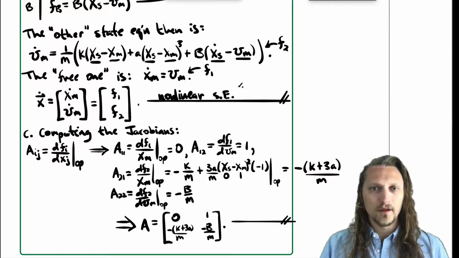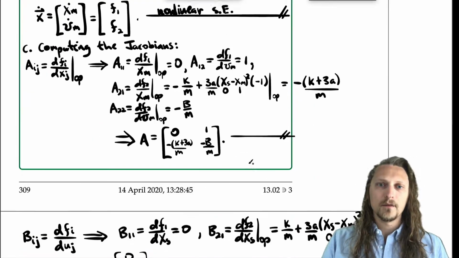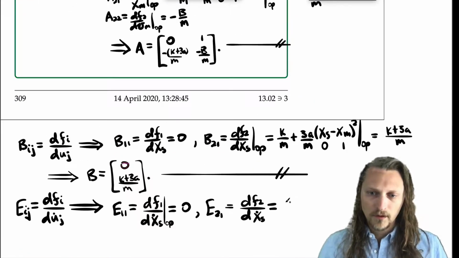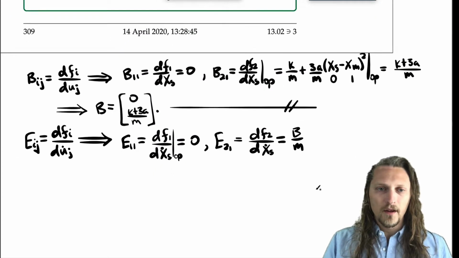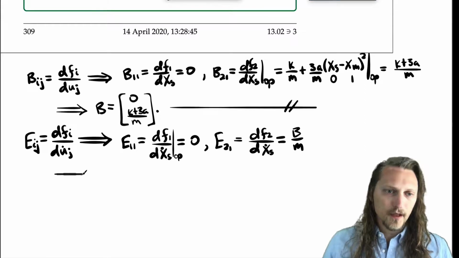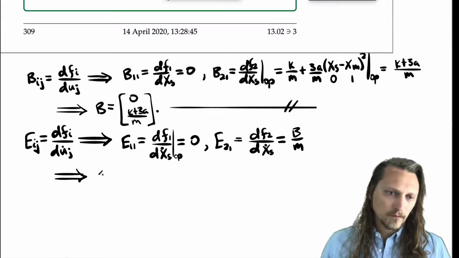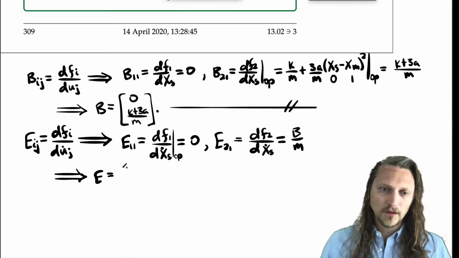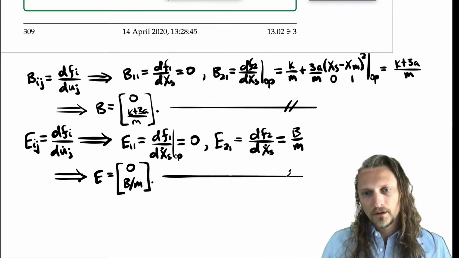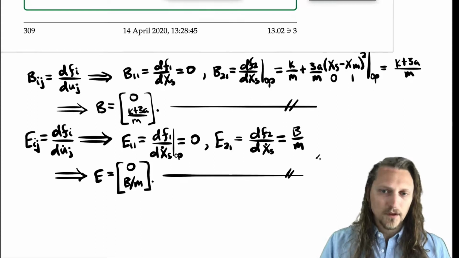If you take the derivative with respect to xs dot, you're left with just the b over m. And therefore, we have our E matrix. E equals 0, b over m. And that is our third part of our answer.